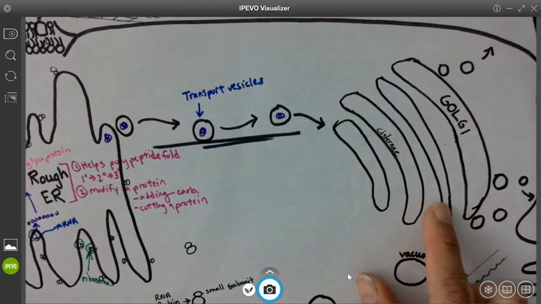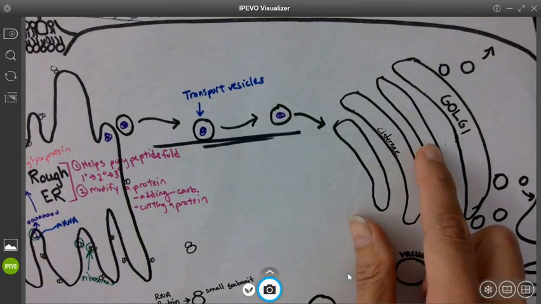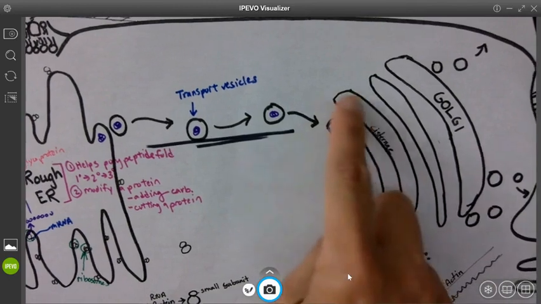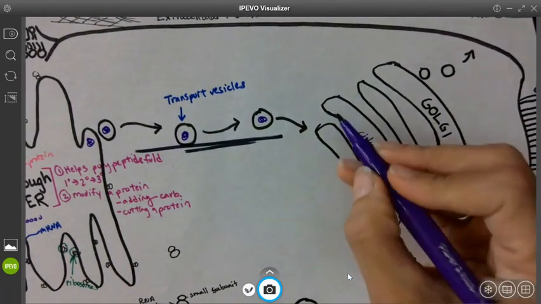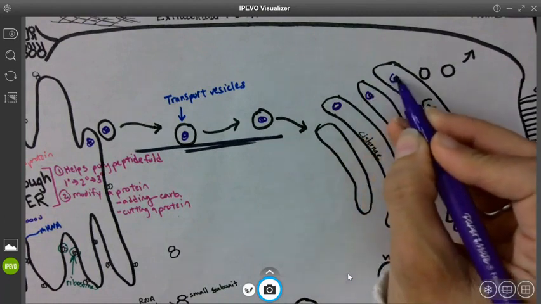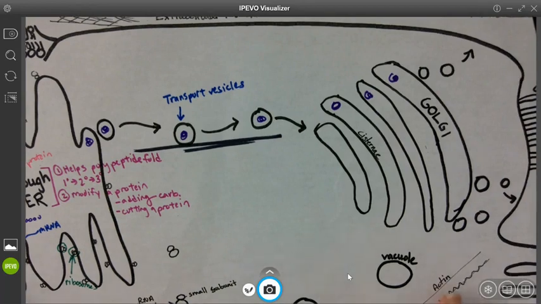In the Golgi, more modifications can occur with our protein. So the Golgi has a couple functions. The Golgi, again, is a system of phospholipids. Once this protein arrives at the Golgi, it can modify the protein further, but most importantly, it tags the protein for transport, kind of like giving it a zip code.